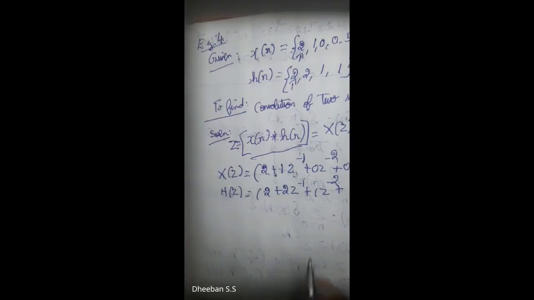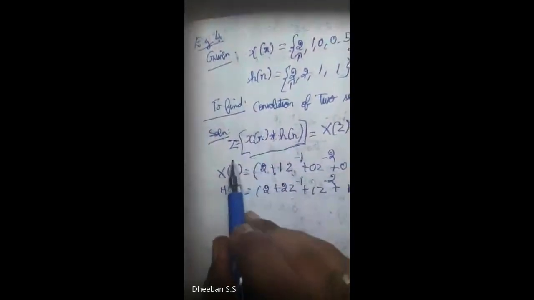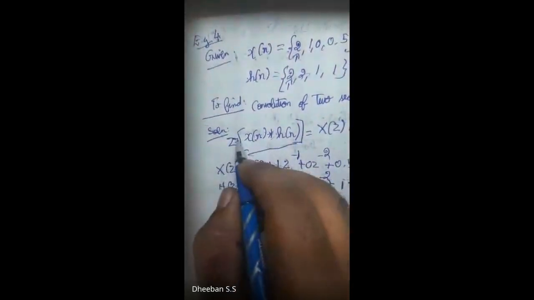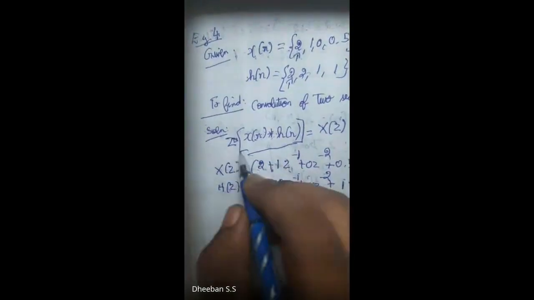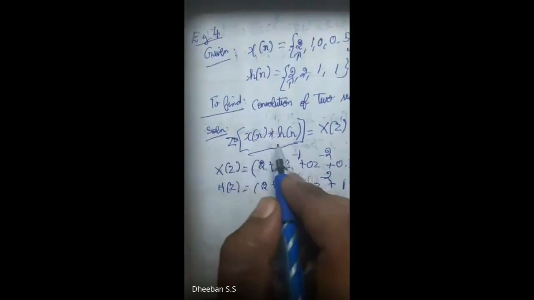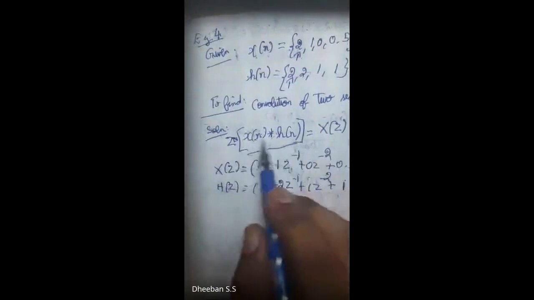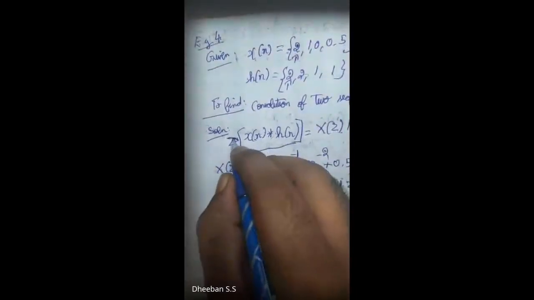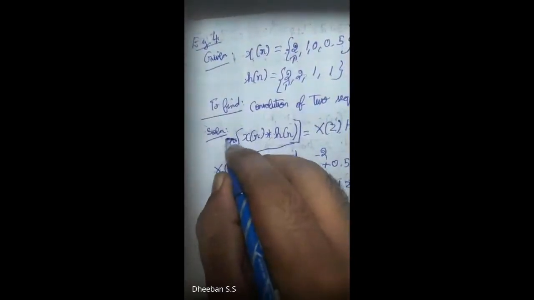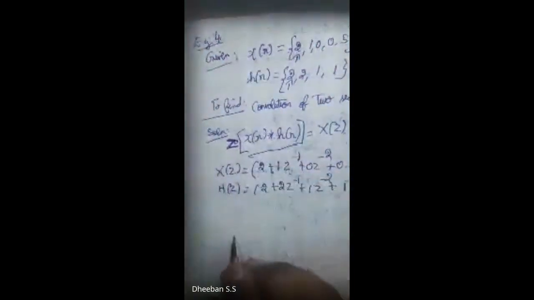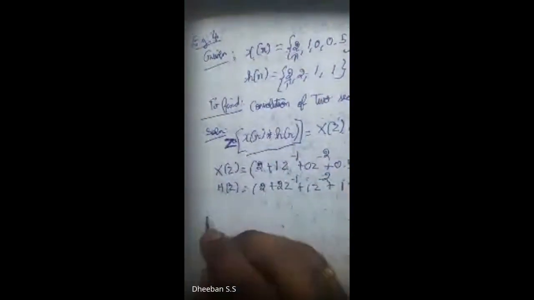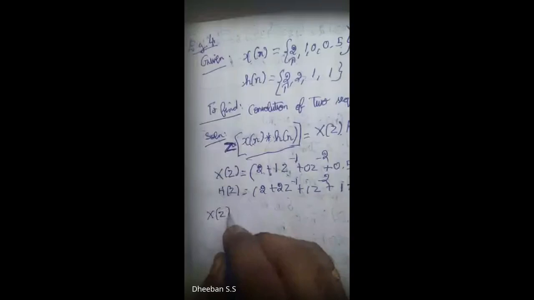If we are taking the z transform of this, you will be getting this. If we are taking the inverse of this value, you will be getting this. So now we have to multiply both, X of z into H of z.